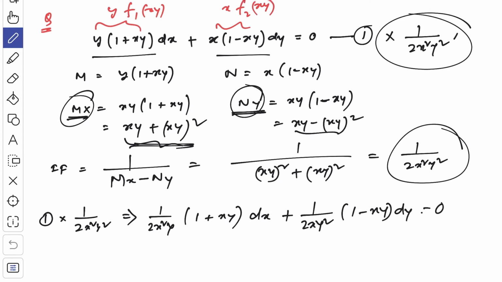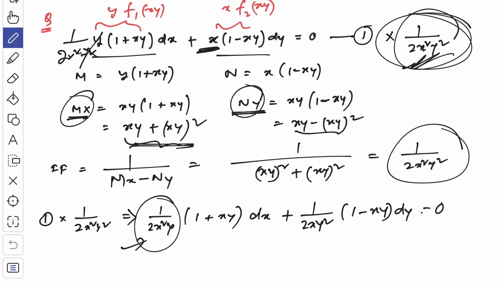Multiplying with the x square y square, one y cancels with this y, so we get 1 by 2x square y. Similarly here, one x will be cancelled, and we get this. Hope you have understood this part. Very simple simplification, nothing to explain in this case.